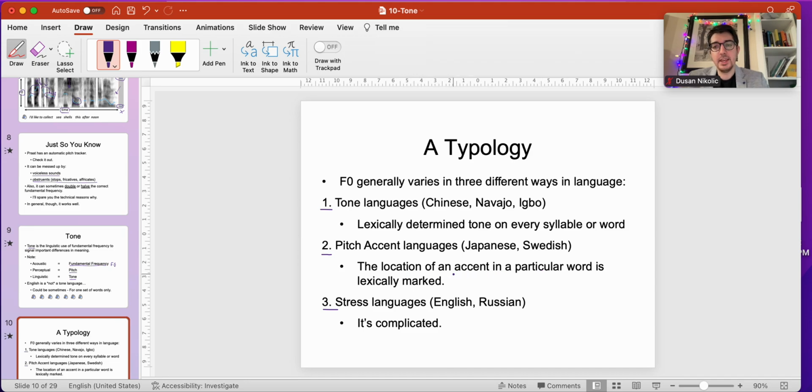So pitch accent languages are the languages that have a certain tonal movement on words, so they have tones, but these tones are not associated with syllables. These tones are associated with words, and they are lexically marked, meaning that we can differentiate between two words all by this tone, or the difference in tones. But as I said, tones are not present on every syllable in pitch accent languages.